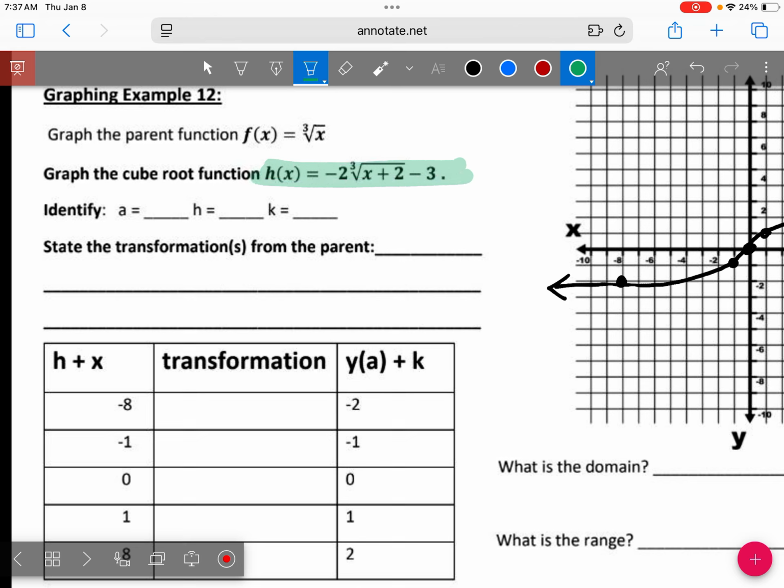So this is going to have 4 changes. This has 4 transformations.